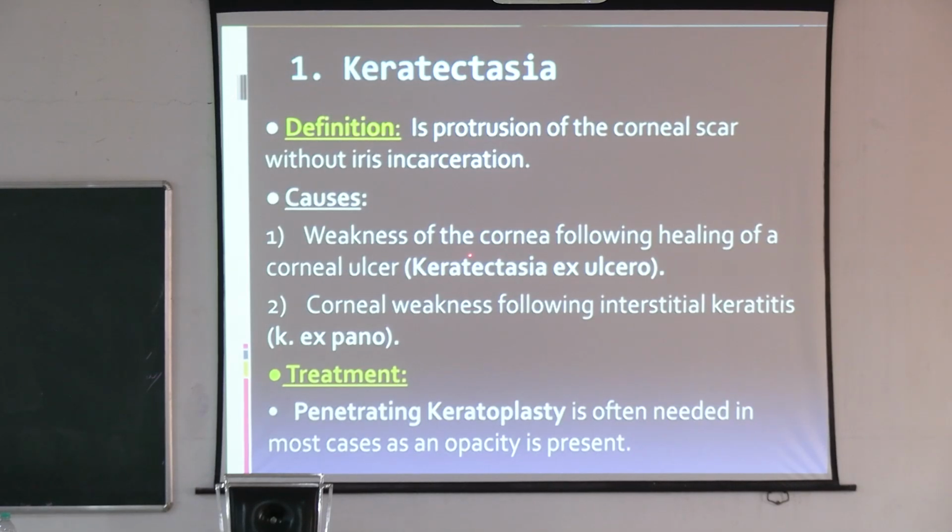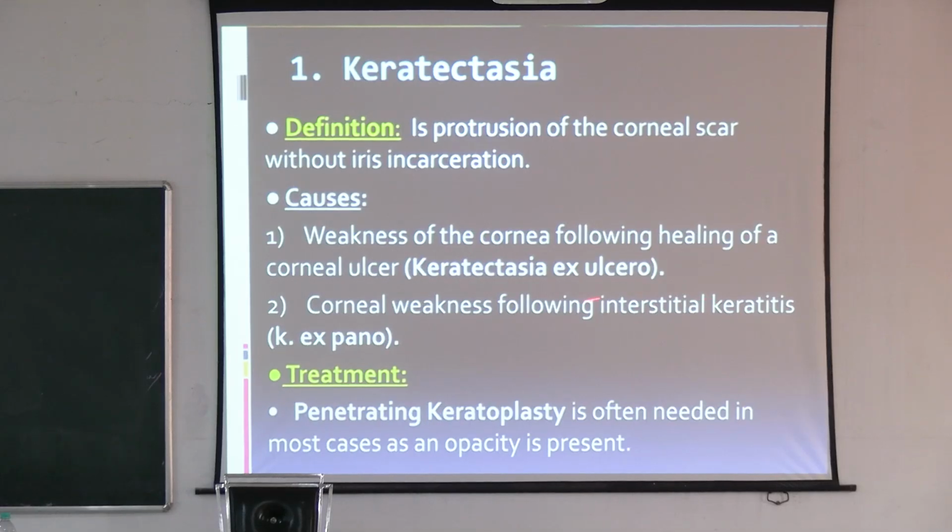Keratectasia is the protrusion of a corneal scar, and the corneal scar is the sequela of corneal ulcer, without iris incarceration. If pressure is increased, due to weakness of the corneal scarring, it protrudes forwards, and that is called keratectasia.